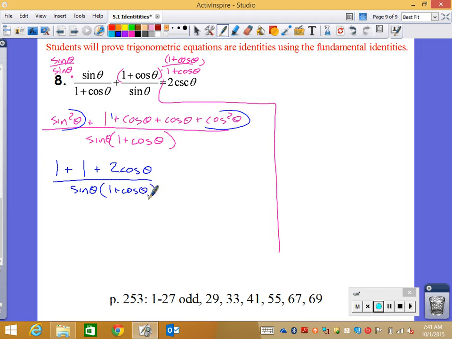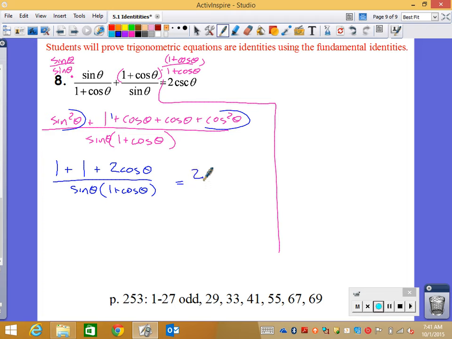Now let's take a look at what I want to end up with. I want a 2 cosecant theta. Okay, so somehow I need to get a 2 out of this. Somehow I need to get a cosecant out of that. Remember, cosecant is 1 over sine. Now I can rewrite this. I'm going to run out of room if I don't do this horizontally a little bit.